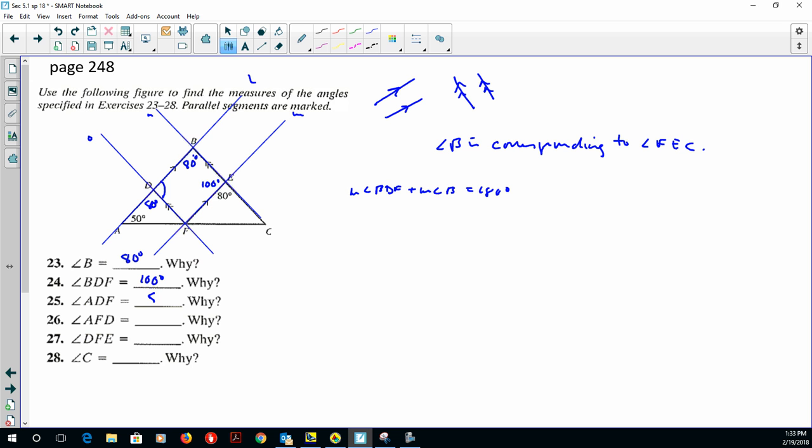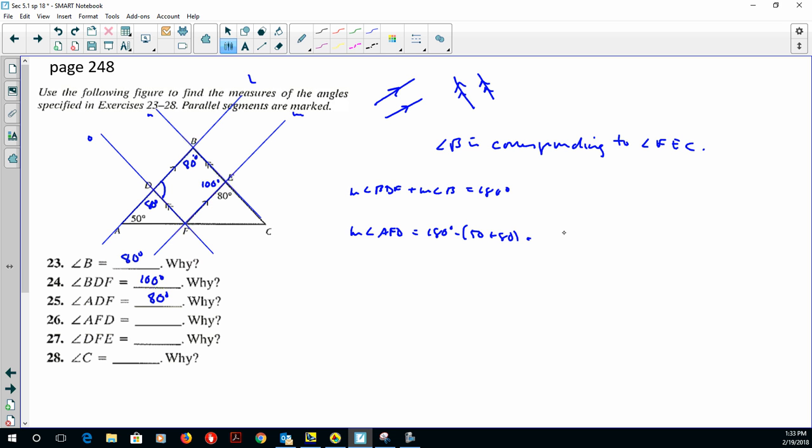AFD, if this is 50 and this is 80, so it's going to be 180 degrees minus 130 degrees. This will be 50 degrees. Okay.